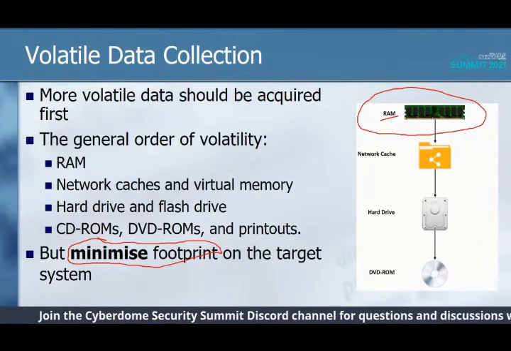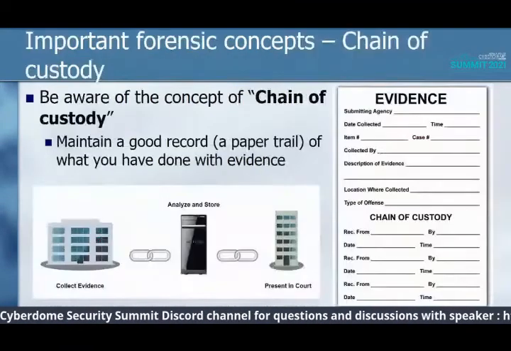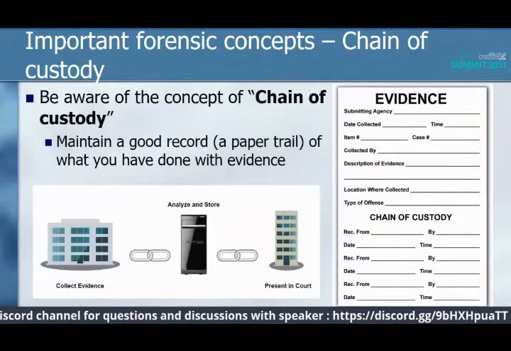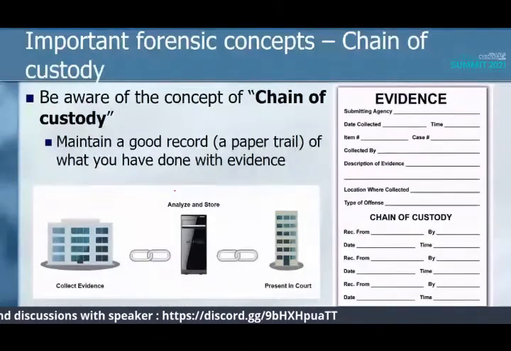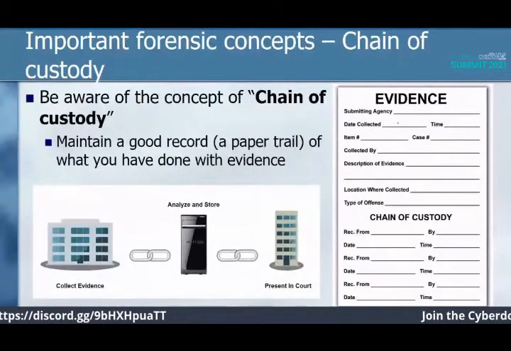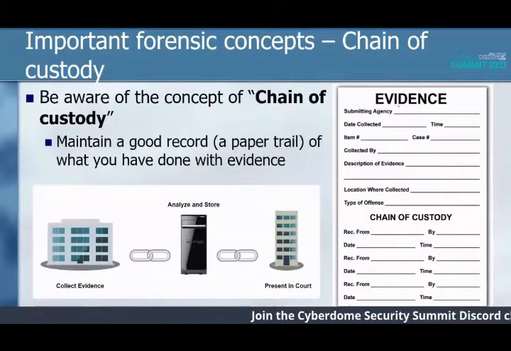The next concept is the chain of custody. Maintain a good record of what we have done with the evidence. It should record the date and submitting agency. If it's a law enforcement agency, that is very particular.